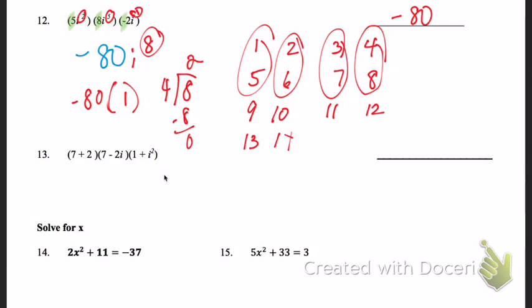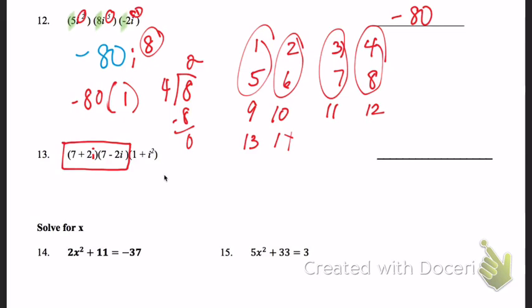Okay, number 13, I want you to change this to be 7 plus 2i. There's just a typo. And what do you notice about these two? The middle term would cancel out, and they're a difference of squares.